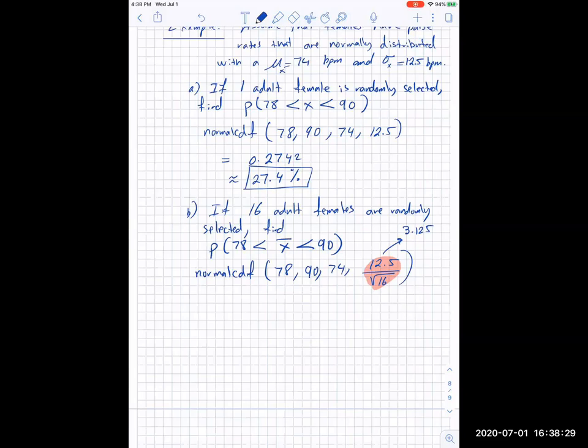And then I put this in the calculator. 78, 90, 74, 3.125. Enter. 0.1003, 10.0%.